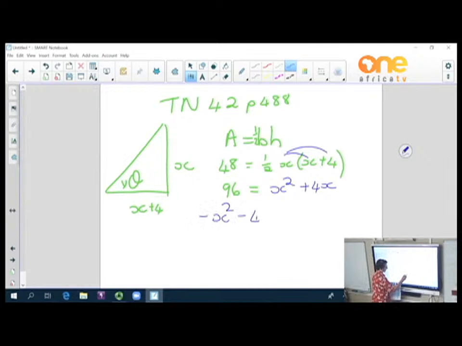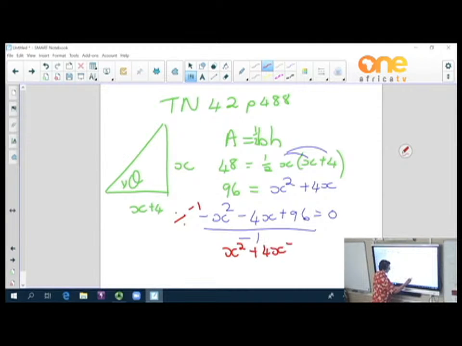Negative x squared, negative 4x, plus 96 is equal to 0, and then we have to show that we're dividing this by negative 1. You can either do it like this, or you can write here divide by negative 1, and then we have x squared plus 4x minus 96, which is equal to 0. So that's then number A1.